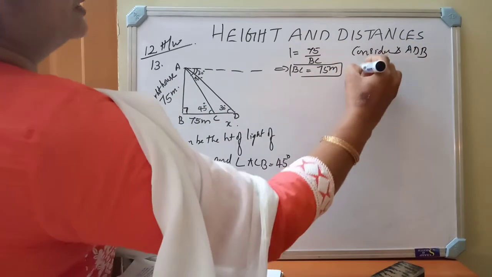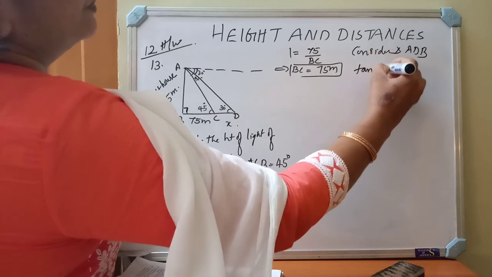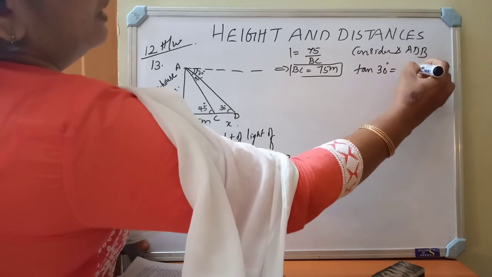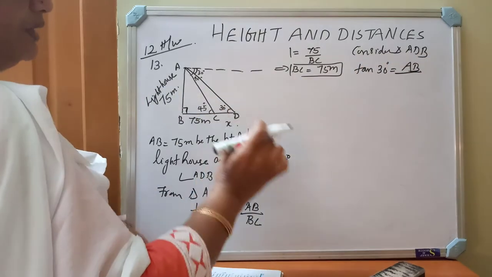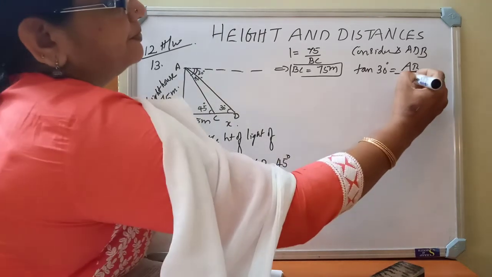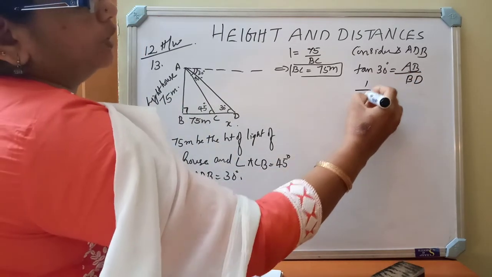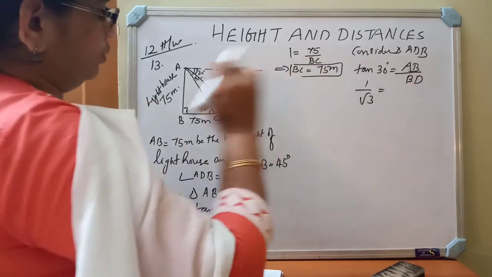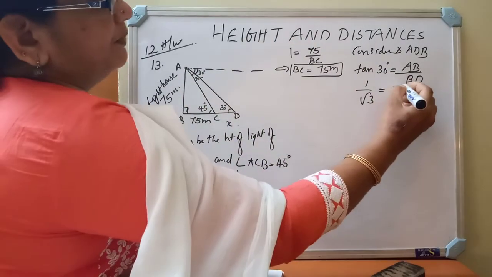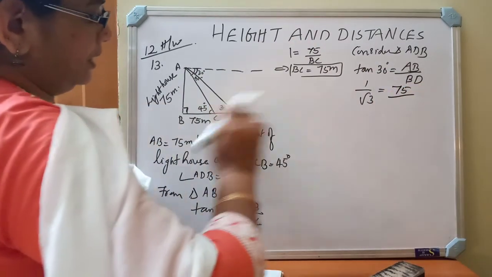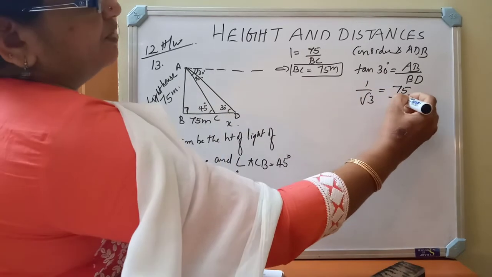Tan 30 is equal to AB divided by what will come? BD. So tan 30, 1 by root 3, is equal to AB, we know the value 75, divided by BD, 75 plus x.